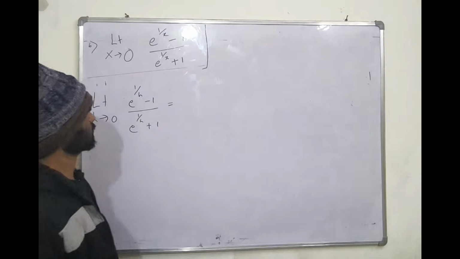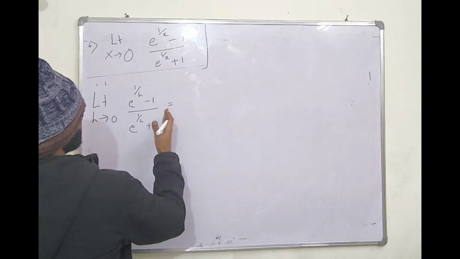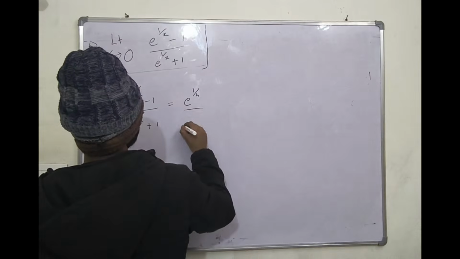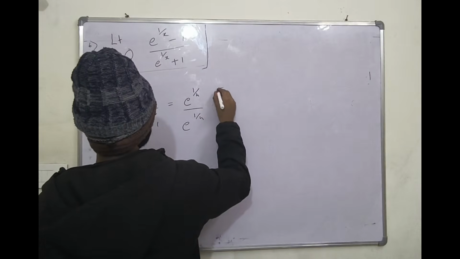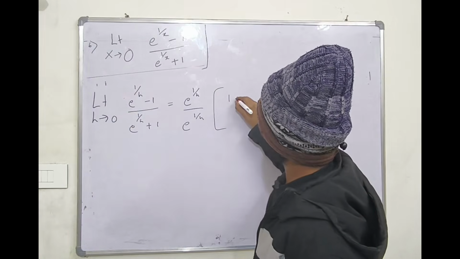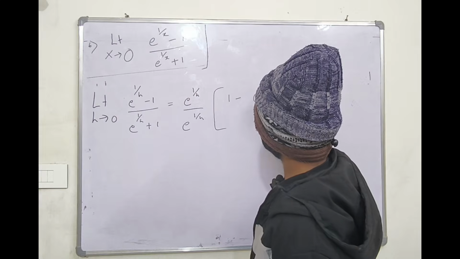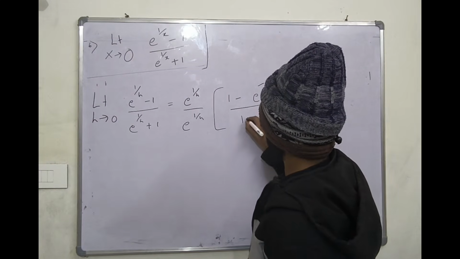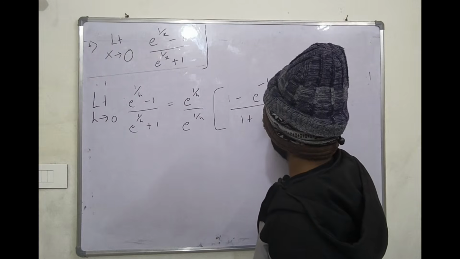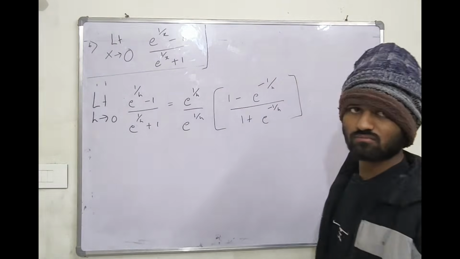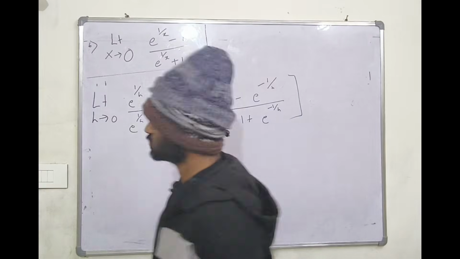Take e power 1 by h common, then we can write 1 minus e power minus 1 by h, over 1 plus e power minus 1 by h.